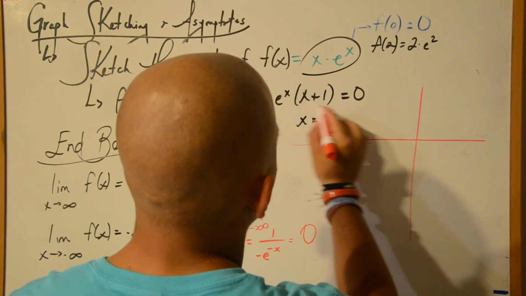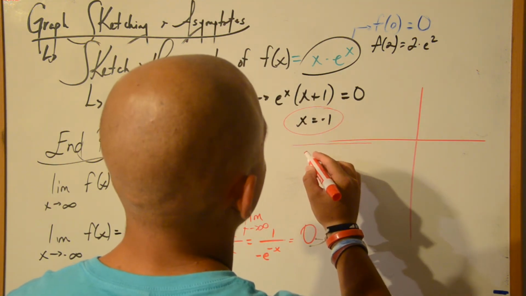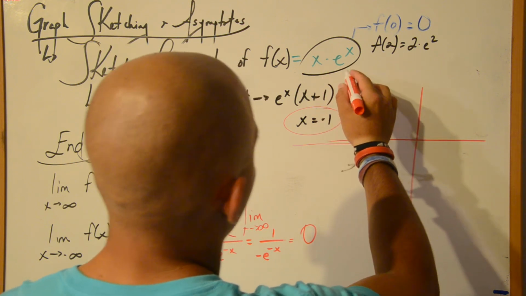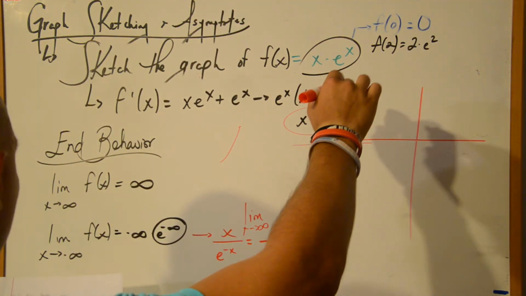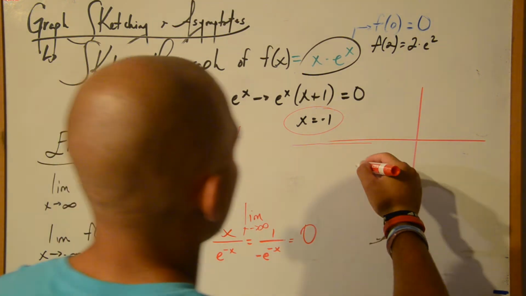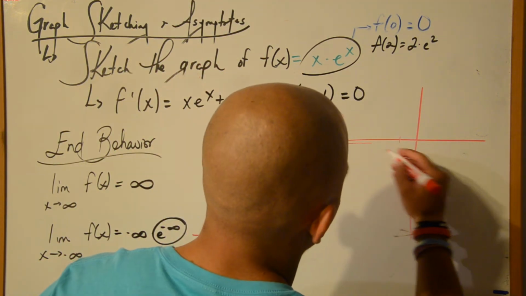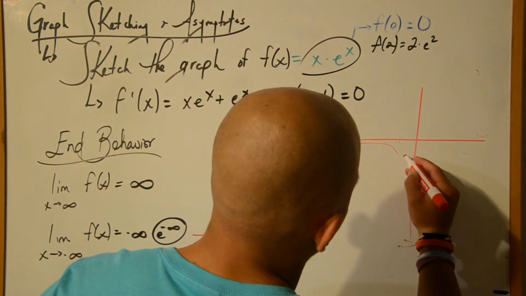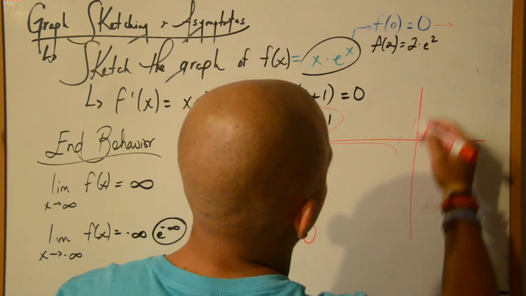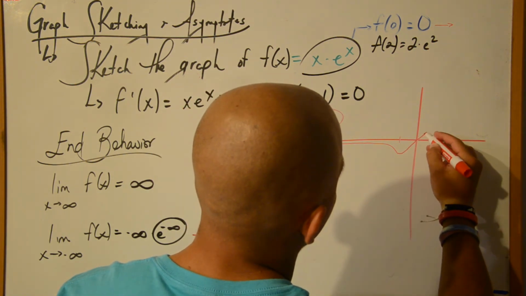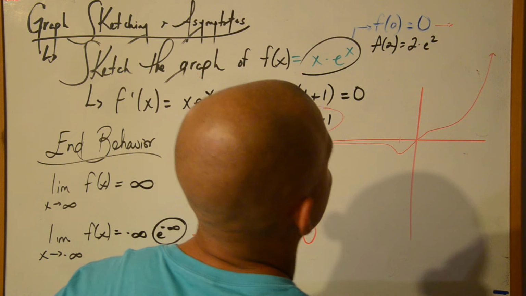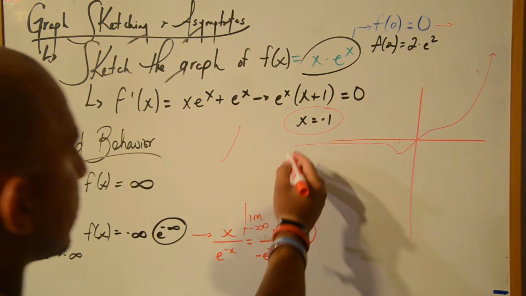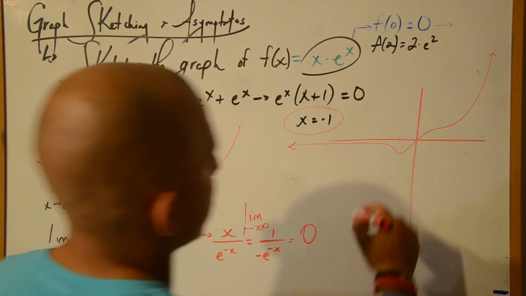I'm having a minimum at this value, right? So -1 times e to the -1. So if this is -1, I know I'm going to do a little bit of a dip. I'm coming through a y-intercept of the origin, and I'm shooting up.